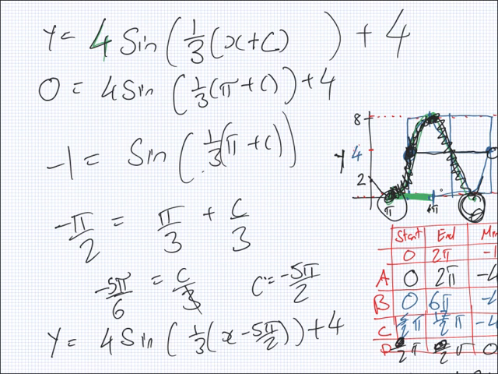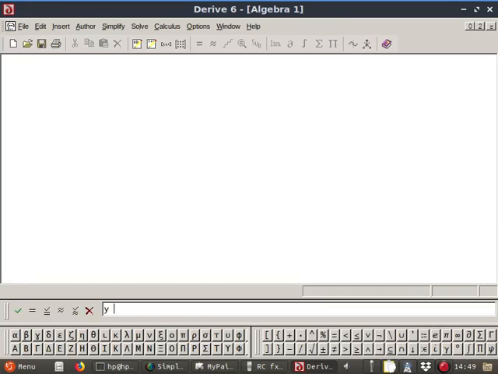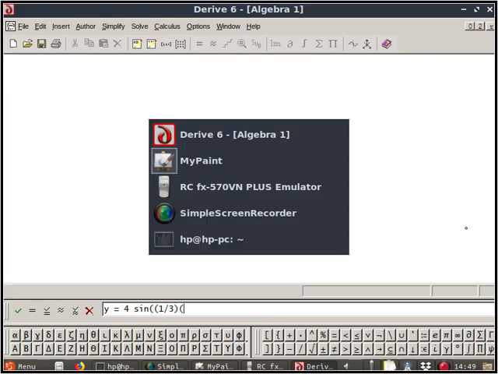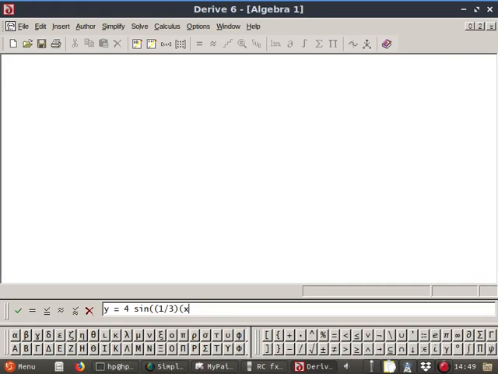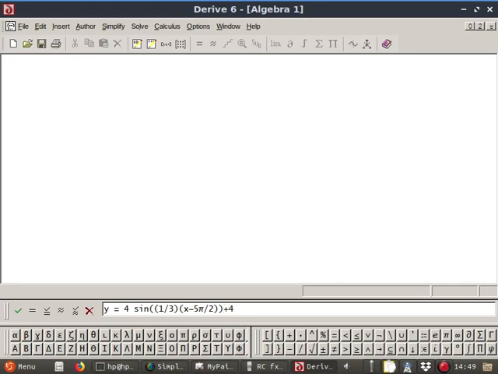No! Y equals 4 sine 1 over 3 x minus 5 pi over 2 plus 4.